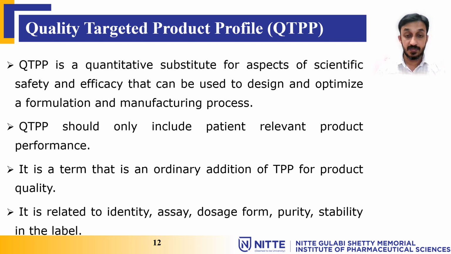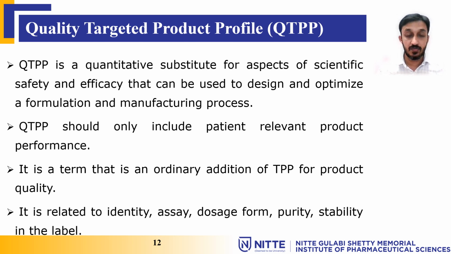It is a term that is an ordinary addition of targeted product profile with quality in it. It is related to identity, assay, dosage form, purity, stability, and the label.